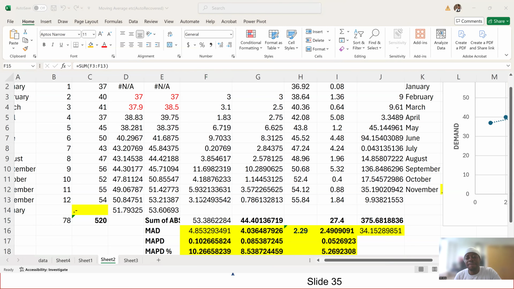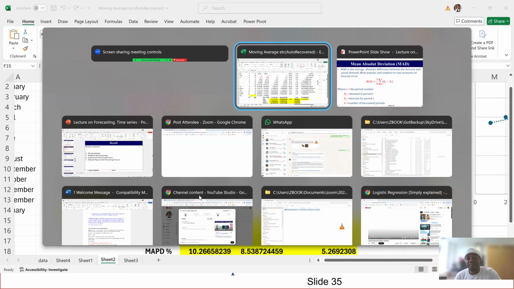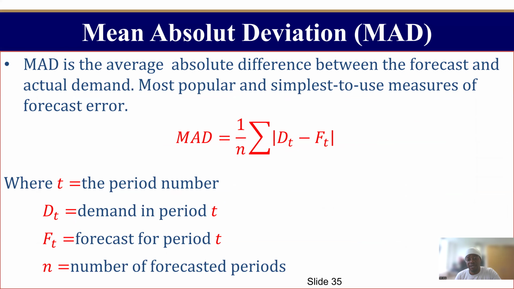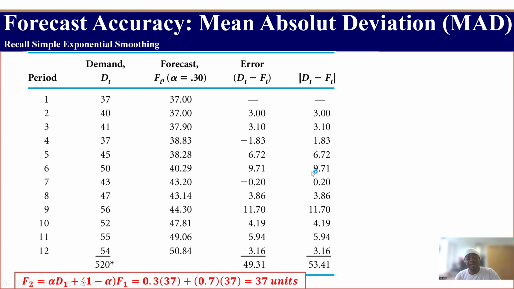Now, how do you get the mean absolute deviation, the final one? To get the mean absolute deviation, go to the formula. The formula says that you take the sum you had, which in our case is 53, divided by n. What is n? We know the value of n. N is actually supposed to be 12, but there is no error for the first one, as you can see. So we always cut it short by the number of error values that we don't have.